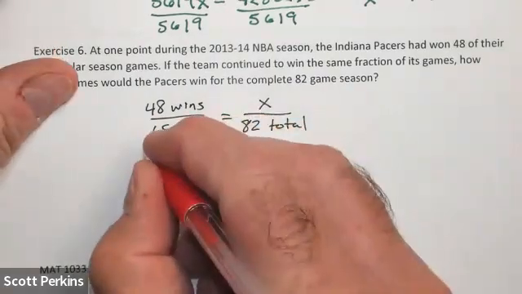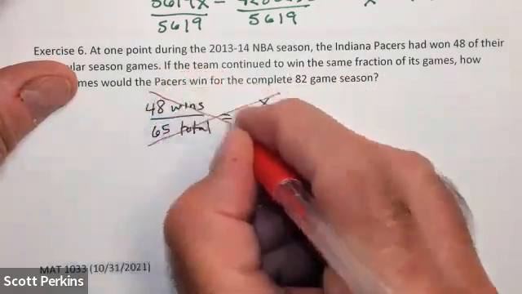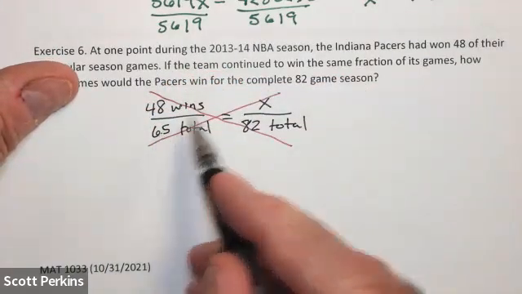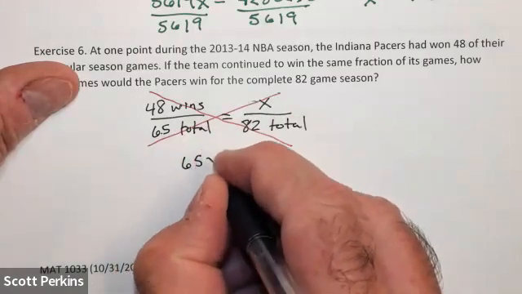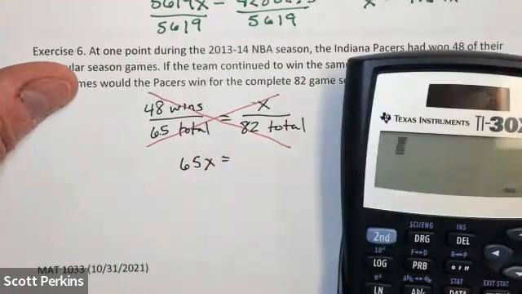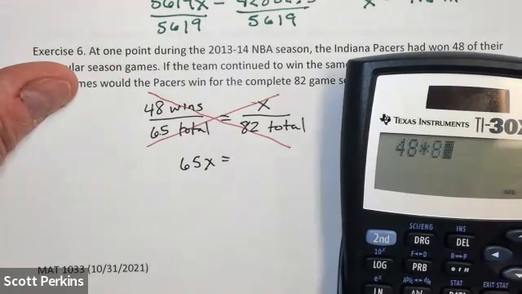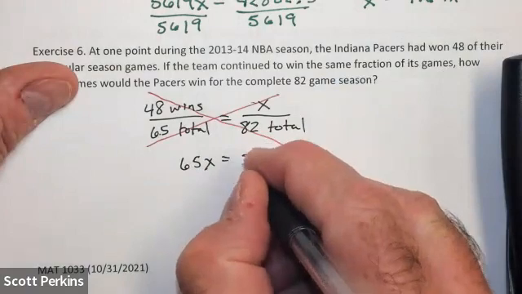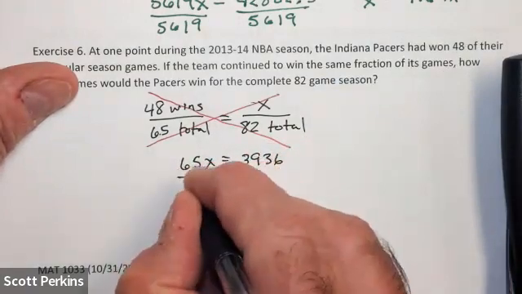So we'll multiply along the diagonals one more time like this. And so the first diagonal, 65 times x, is 65x. The next one is 48 times 82. That gives me 3,936. And then we'll divide.